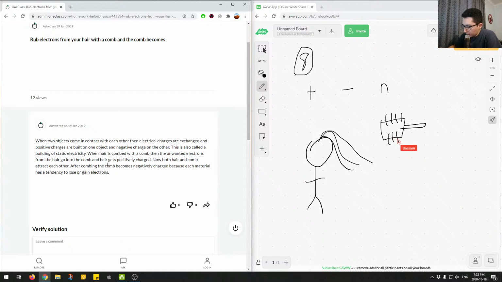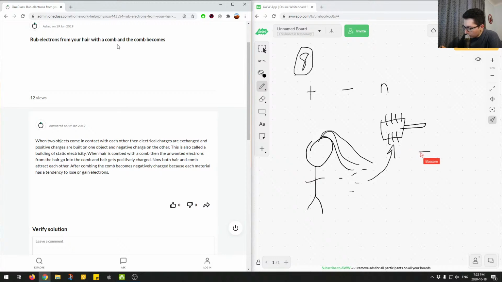And let's say when they're in contact and they're combing their hair, since the question has set it up where it says rub electrons from your hair with a comb, they're indicating that there's a bunch of electrons in your hair and they're moving to your comb because of the force of friction, they're rubbing between each other and it's causing the electrons to move.